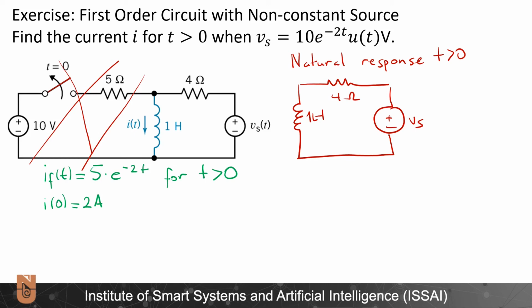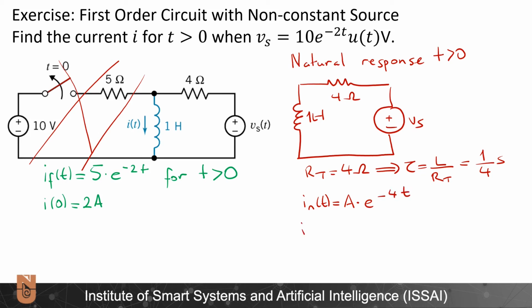Accordingly, I can find R Thevenin is equal to 4 ohms. From here, tau is L over R_T, therefore 1 Henry divided by 4 ohms, 1 over 4 seconds. And i natural(t) will be of the form A times e to the minus 4t.